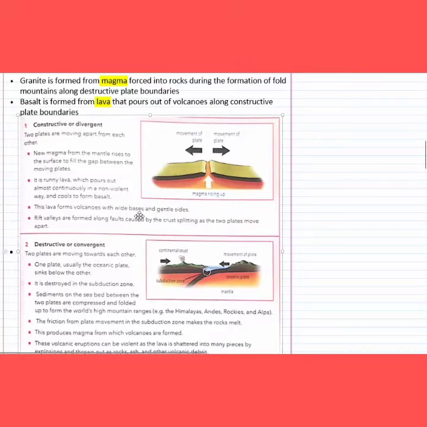But if you see a volcano with wide bases and gentle sides, then it's constructive plate movement. Another feature formed by this type of plate movement is rift valleys. Rift valleys are valleys formed by the displacement of large pieces of rock. These are two features formed by constructive plate movement.